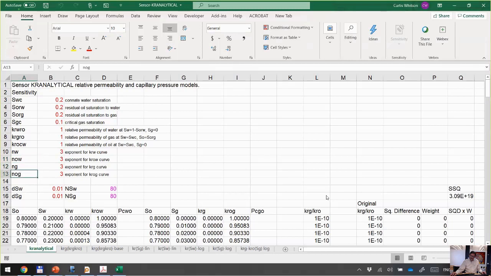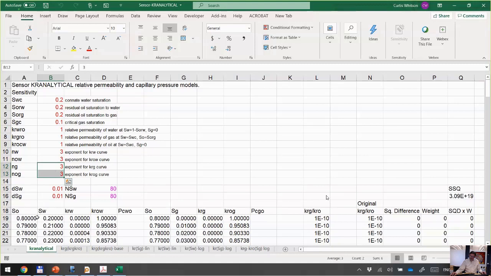So the default case I'm using is 20% connate water, 20% residual oil to gas, critical gas at 0.1, and exponents of 3.